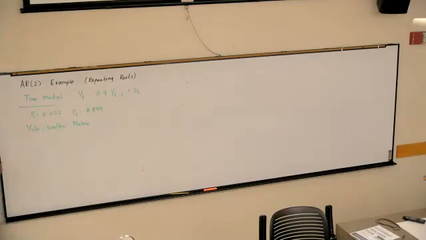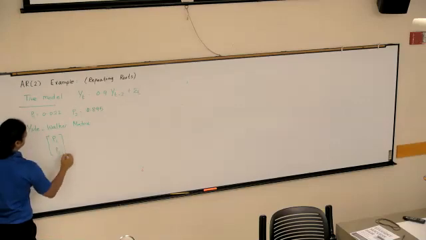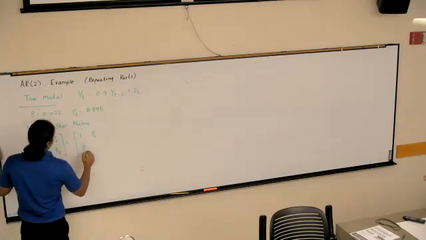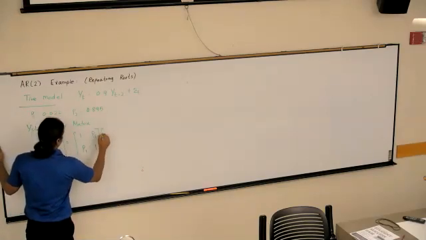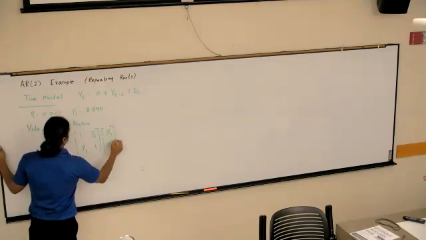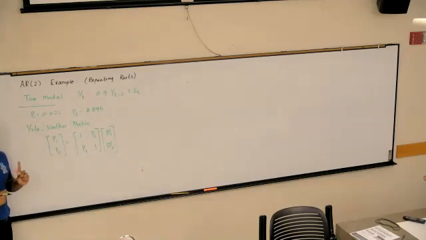The Yule-Walker matrix setup is very straightforward. Row 1, row 2, 1, row 1, row 1, 1, and the coefficients phi1, phi2 from last time.